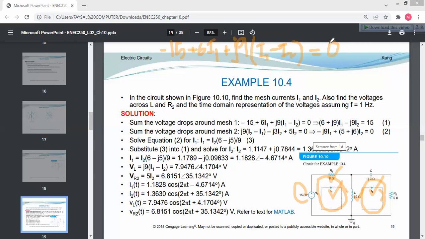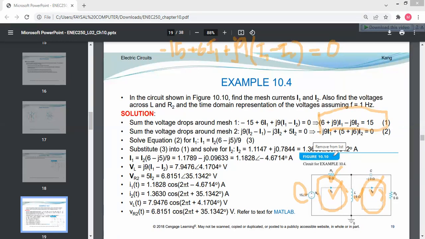This is the first equation. Now I have to elaborate it. So the elaborated form will be this one. After calculating and solving the value, it will be 6 plus J9 with the value of I1 minus J9 I2 equals 15.